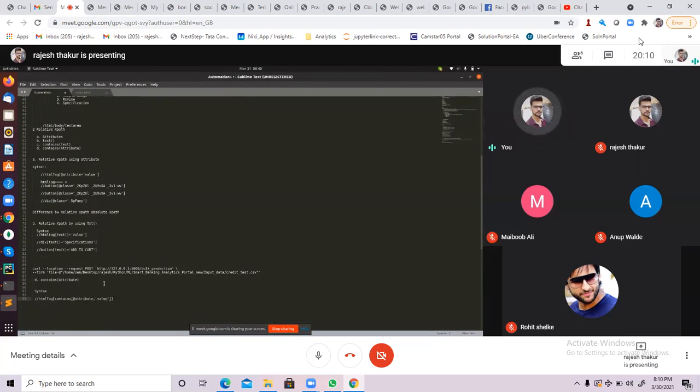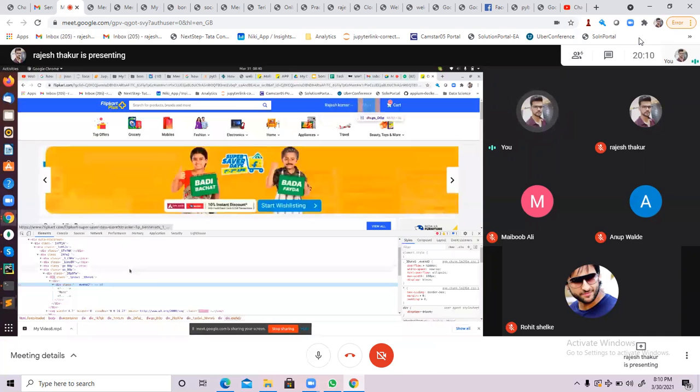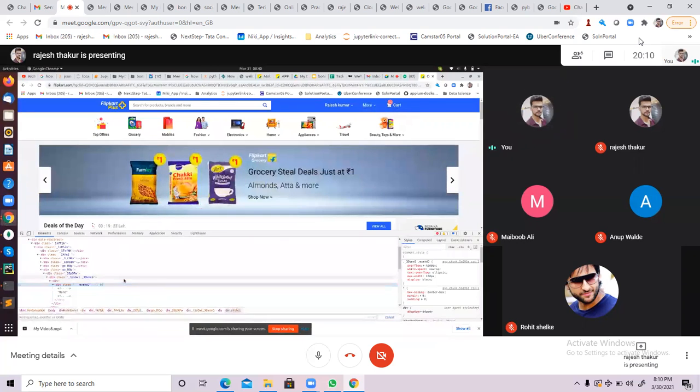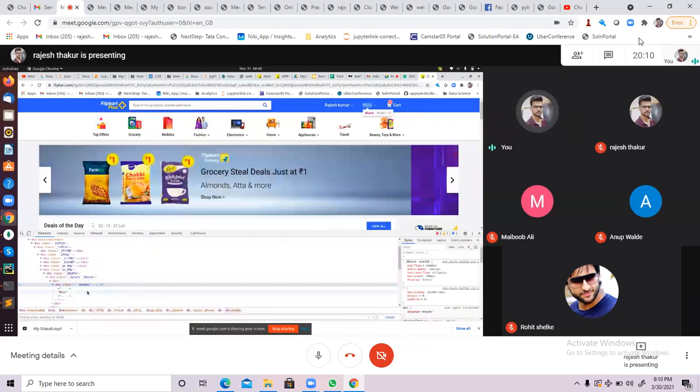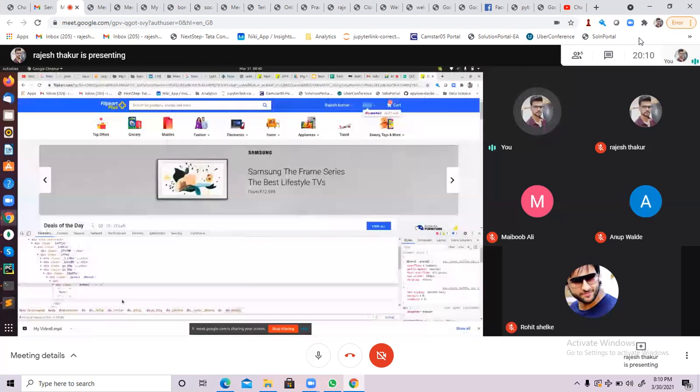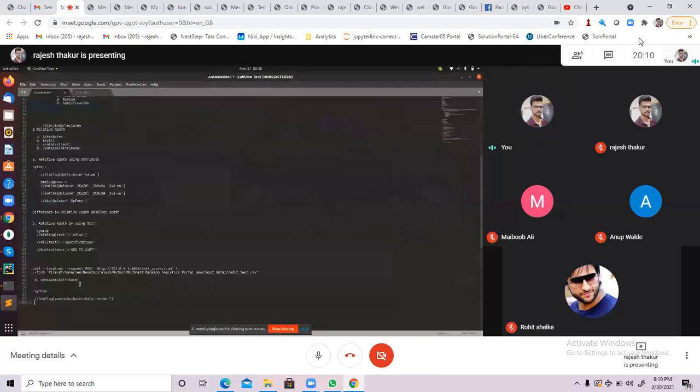So let's apply this, and identify this more wala thing with the contains function. How can we identify? Control plus F. Let's write here. What is the HTML tag for this? I am expecting you should know. The HTML tag is div.